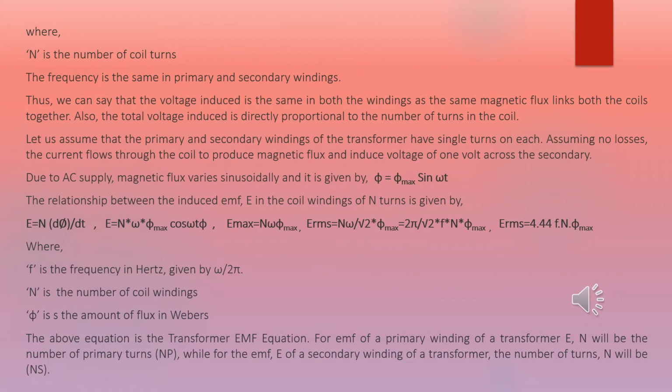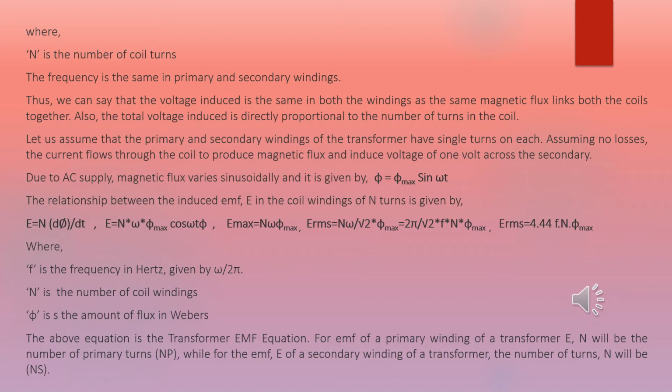From the previous equation, E is equal to n d phi by dt. N is the number of turns, d phi by dt is the rate of change of flux. The frequency on the primary and the secondary side input is the same, and the frequency will be the same in the primary and the secondary windings also. Therefore, the voltage induced will be the same in both the windings. The same magnetic flux links both the coils together.